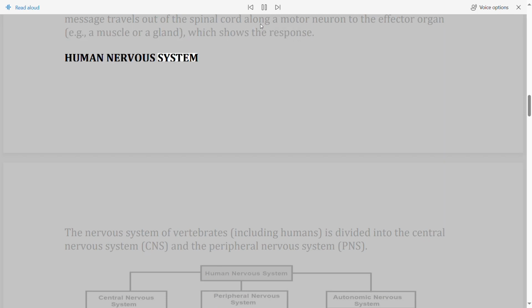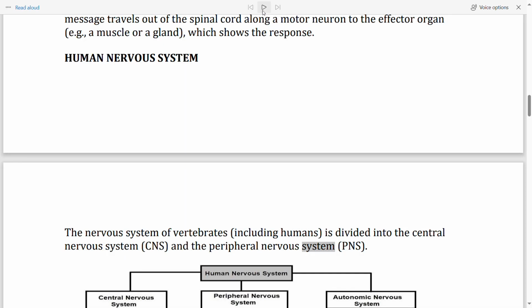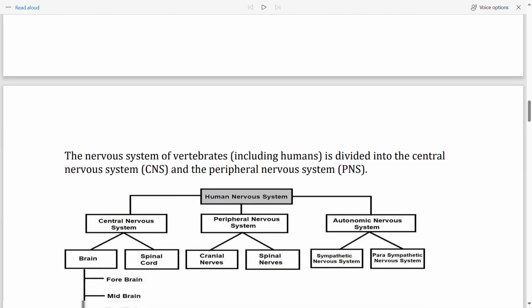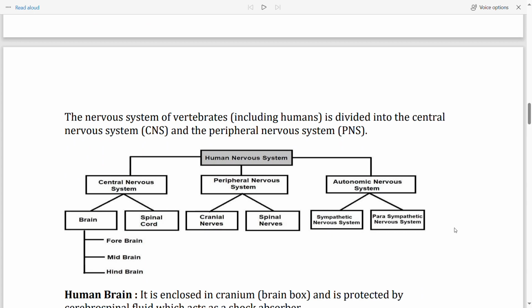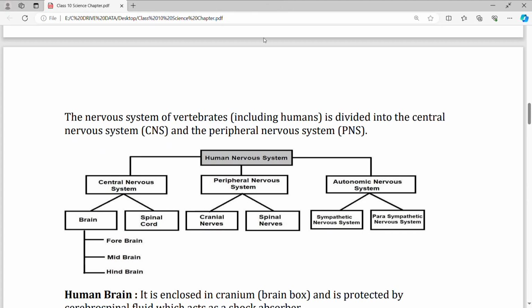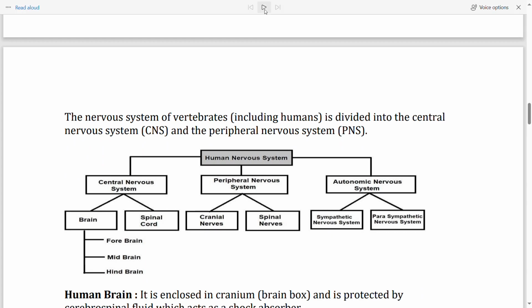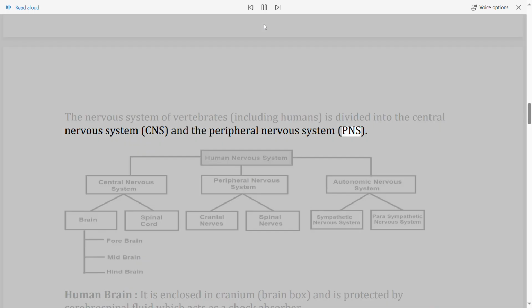Human nervous system. The nervous system of vertebrates, including humans, is divided into the central nervous system, CNS, and the peripheral nervous system, PNS.